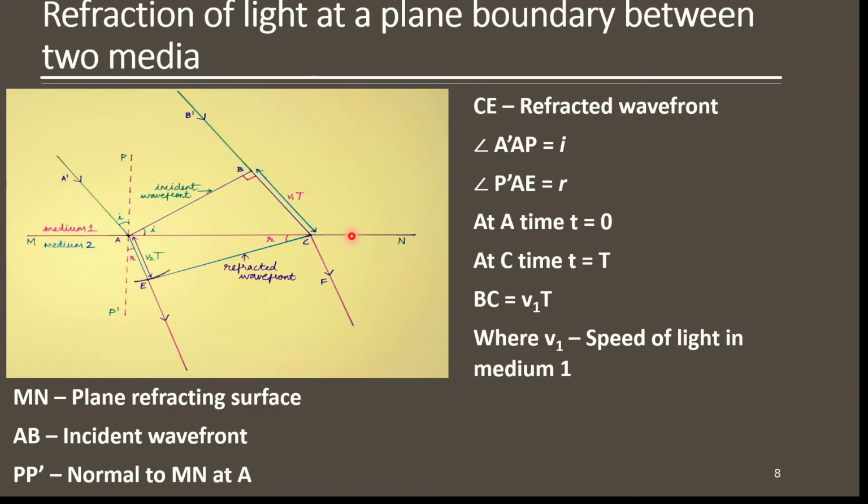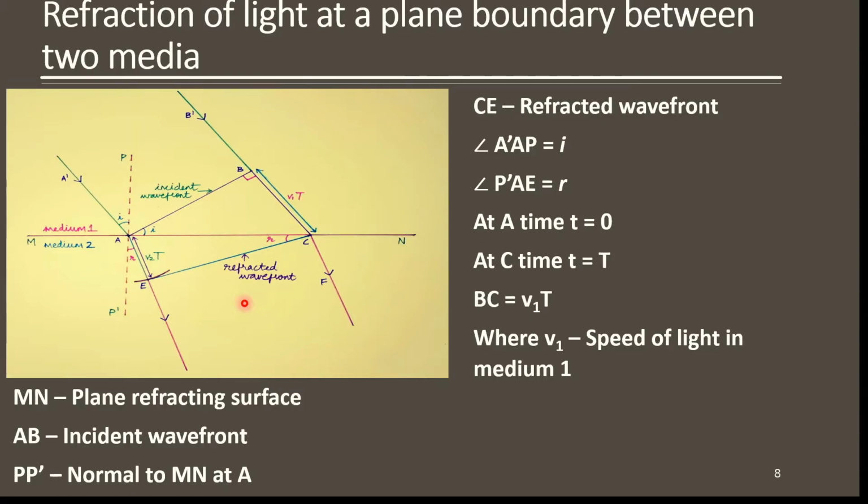If you observe the figure, you will notice that the radii of secondary wavelets gradually decrease from V2t to 0. The wavelet originating from A has radius V2t and the wavelet originating from C has 0 radius.